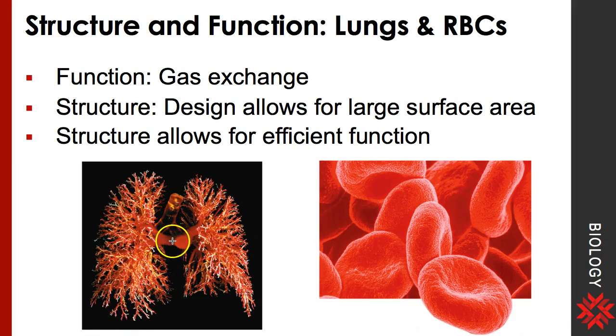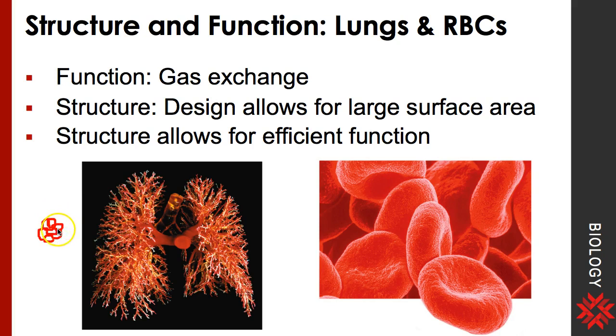If we look at the lungs first, we can see that the lungs are made up of all of these different kind of straws or tubes that pass through the lungs and pass into smaller and smaller tubes or bronchioles. At the very tips of all of these tubes, you'd have basically these little clusters of grapes. I know this is a bad cluster, but these clusters of grapes, called the alveoli, are where the gas exchange is actually going to occur.